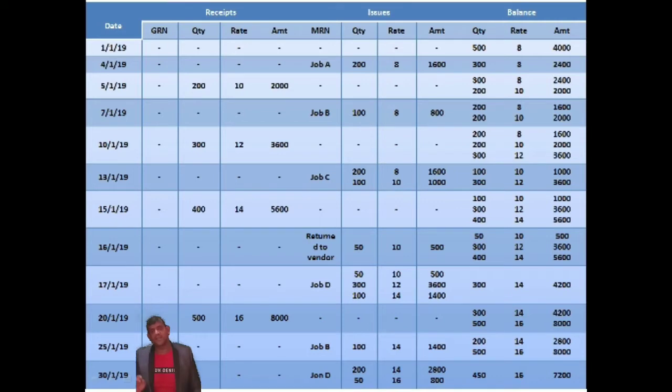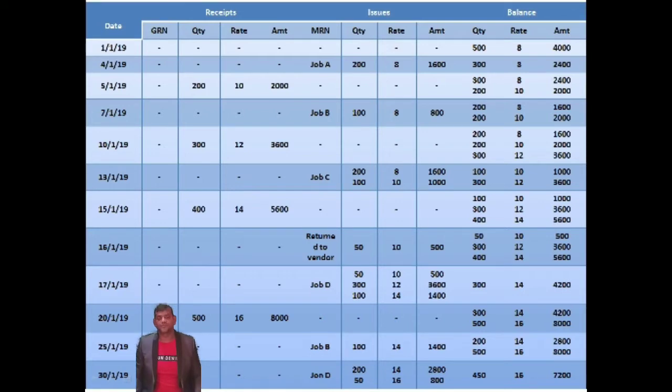Under issues again MRN nil, quantity nil, rate nil and amount nil. But in the balance column, quantity 500 units at rupees 8 each, so the amount comes to 4,000 rupees, that is 500 into 8.